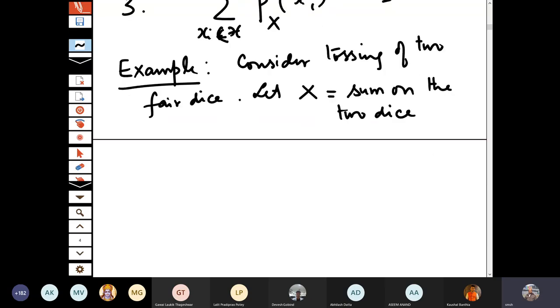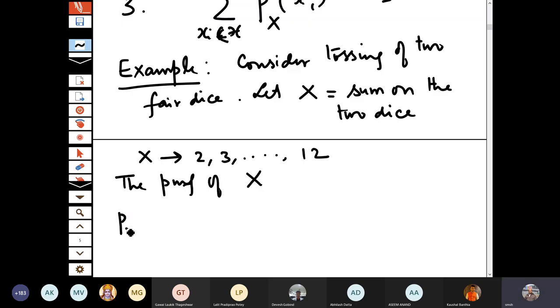What values will this random variable take? X can take values 2, 3 and so on up to 12, because in the dice you have faces 1 to 6. So the sums can be 2, 3 and so on up to 12. So what is the probability distribution of this, the PMF of X?